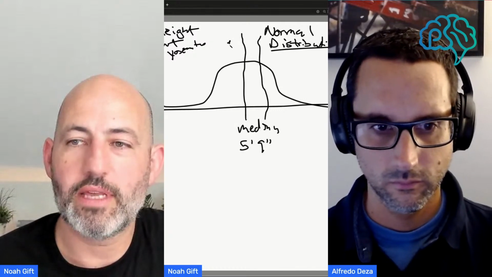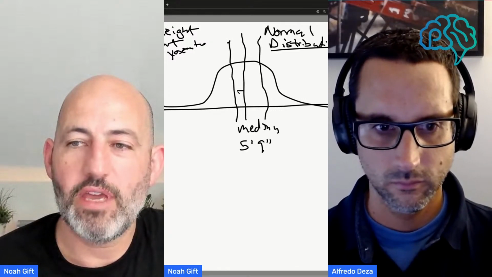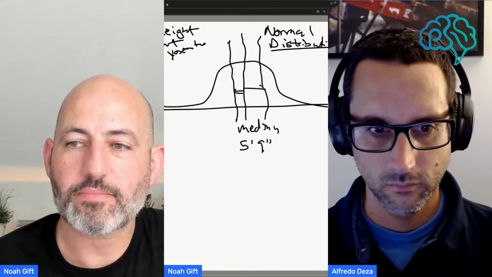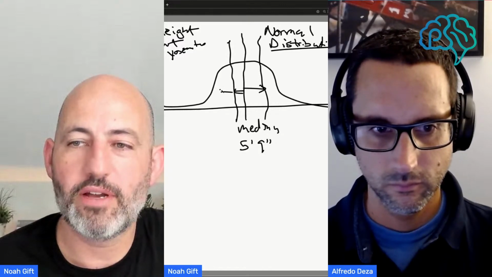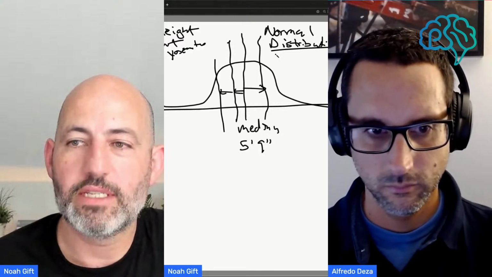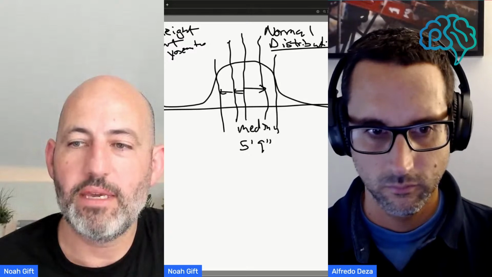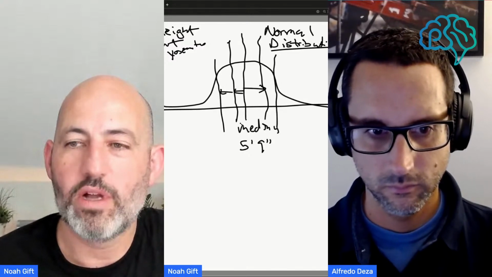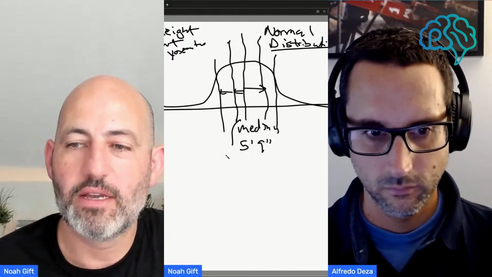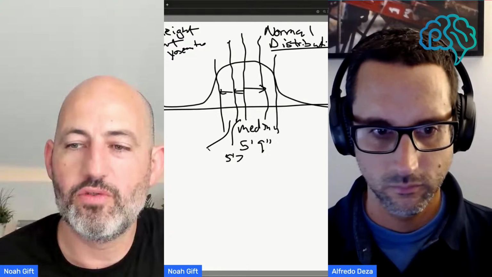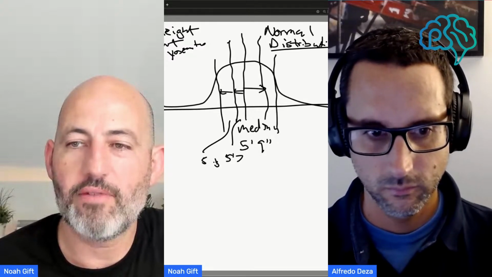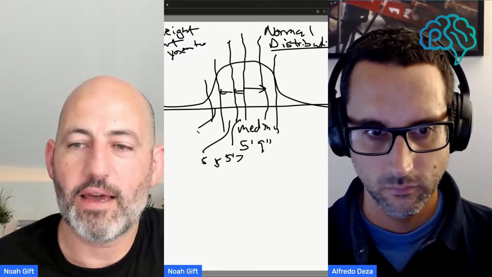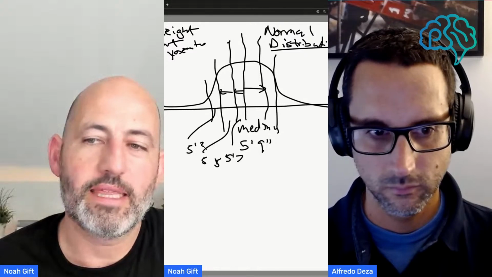The rules are that a standard deviation is how much difference there is between each of these segments. So we can say, maybe one standard deviation away is 5'7", and then 2 is 5'5", and then 3 is, I don't know, 5'3" or something like this.